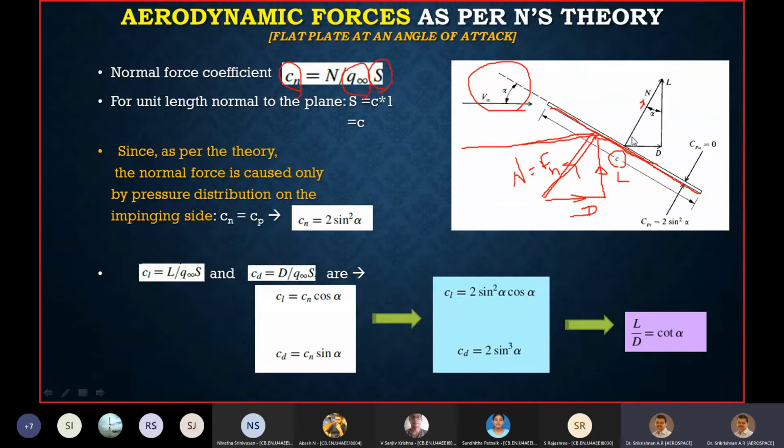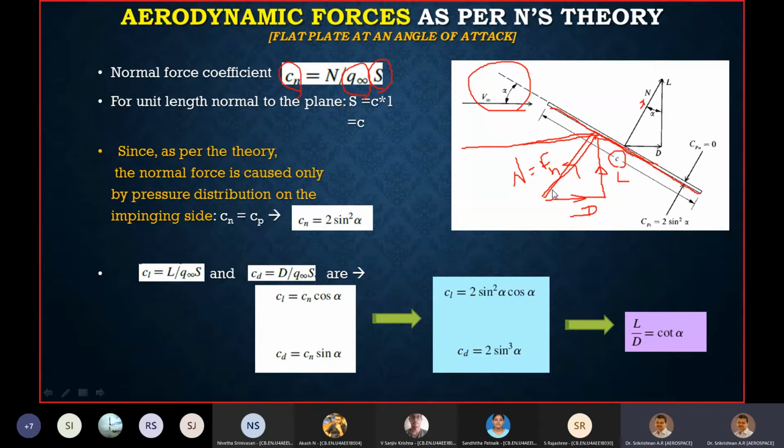Now just by the construction of this triangle shown here, we know that Cl can be written as Cn cos alpha and Cd as Cn sin alpha, with Cl and Cd indicating the coefficients of lift and drag.